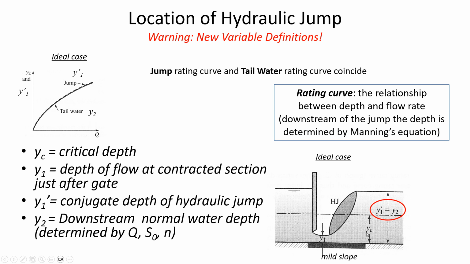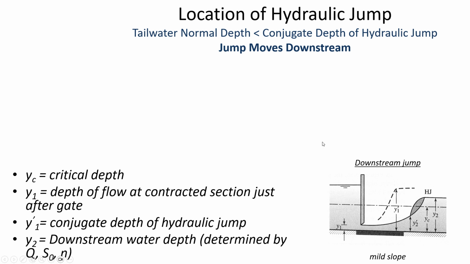Now that isn't always going to be the case, because usually the channel is either going to be more steep or more shallow than the depth that is the sequent of your supercritical upstream depth. And so here is an example of a downstream jump. And this is pretty common.